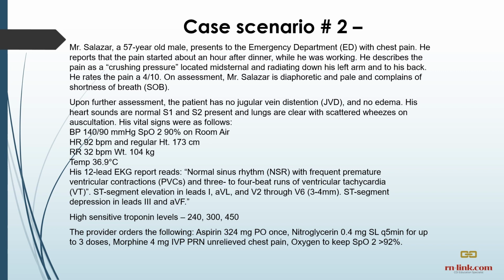On assessment, Mr. Salazar is diaphoretic and pale and complains of shortness of breath. Upon further assessment, the patient has no jugular vein distension and no edema. His heart sounds are normal S1 and S2 and lungs are clear with scattered wheezes on auscultation. His vital signs were as follows: BP 140/90.